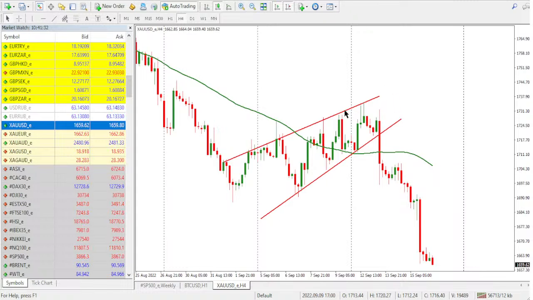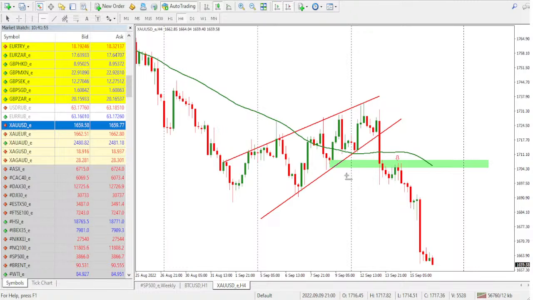So this was like a converging wedge formation. It was broken, the price pulled back slightly. So this is where we could have taken a position from around this zone. You can actually see that we had a sell signal at that point here. So you could have taken a sell there.